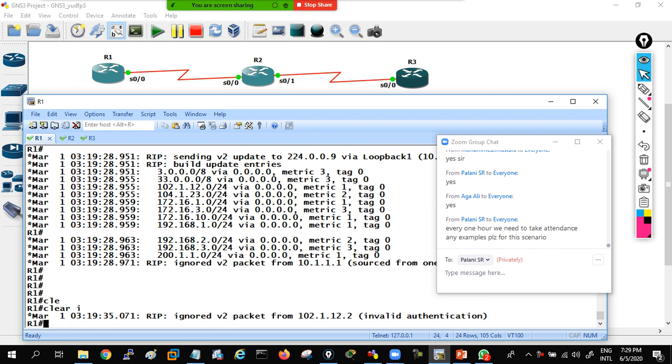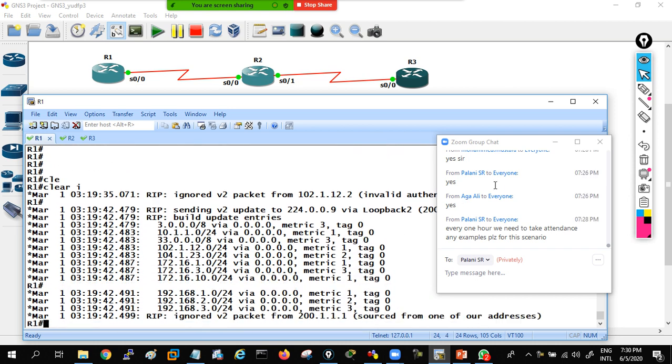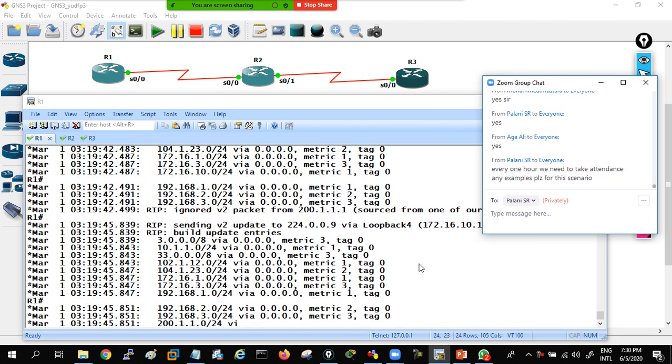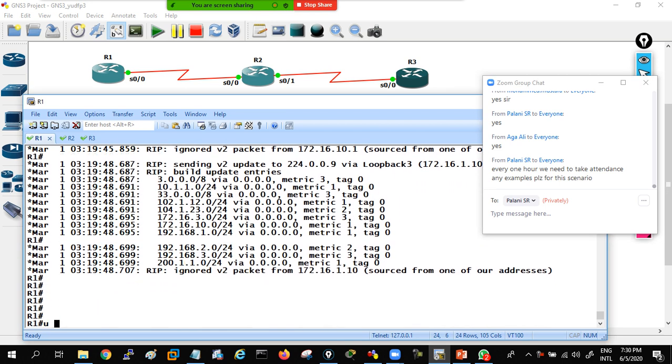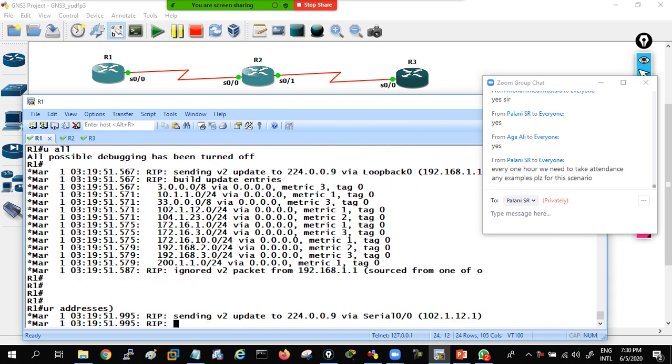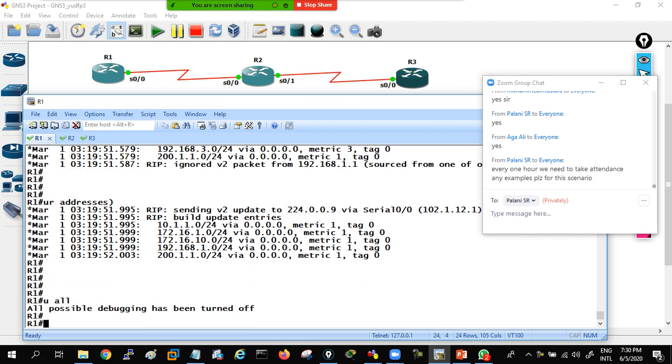Okay, see here, guys. Did you see here? Invalid authentication. Did anybody see that message? Let's wait. Okay, now see there.